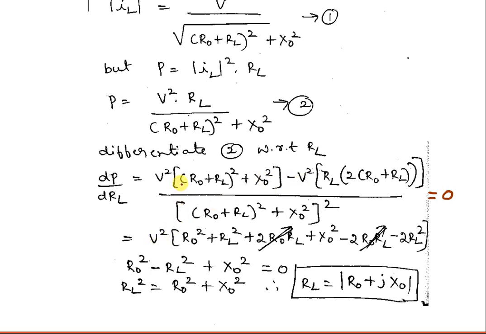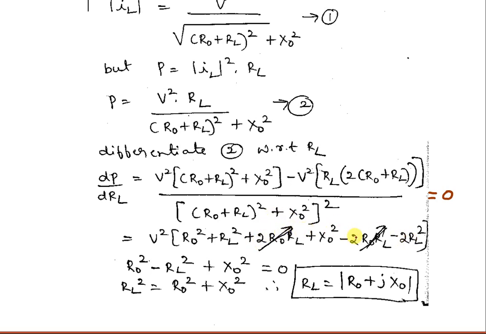That is, the numerator: V square times R naught square plus RL square plus 2 R naught RL plus X naught square, minus V square times 2 R naught RL plus 2 RL square. Here minus is there, so minus 2 RL square.